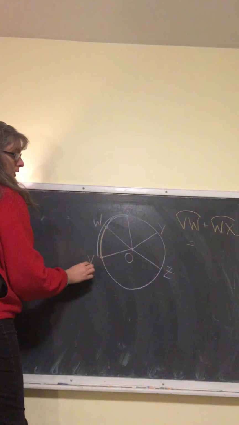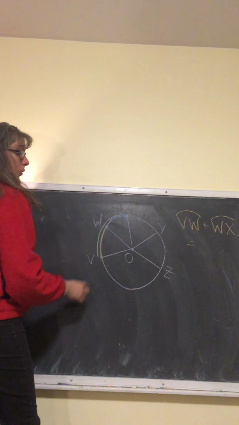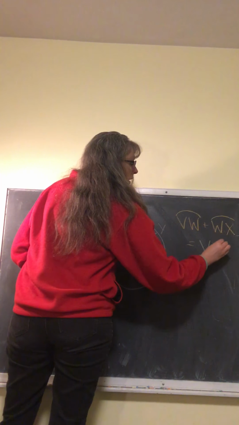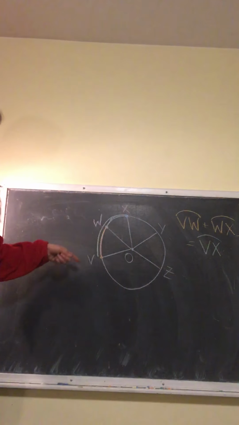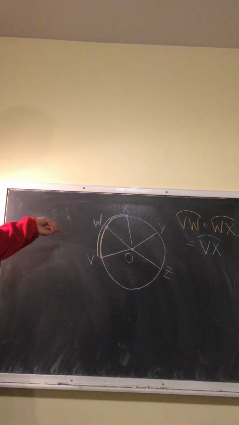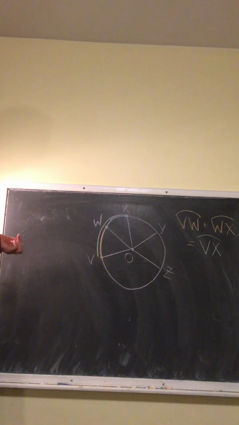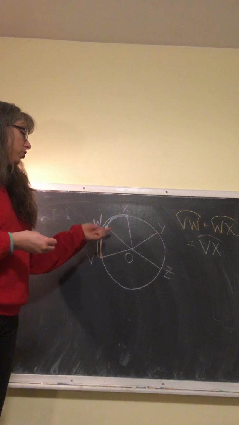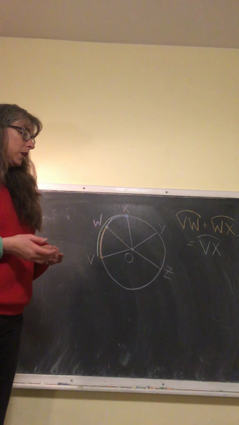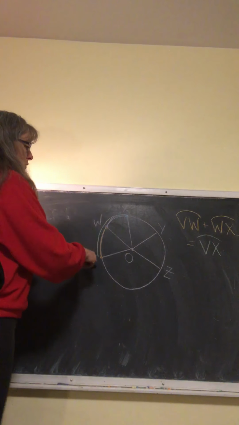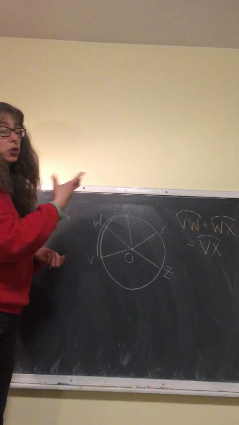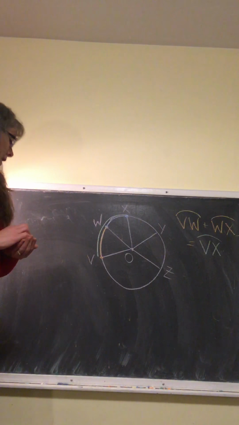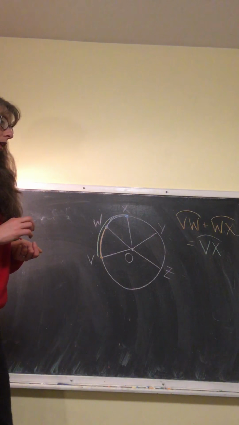It equals arc VX, or VWX. I'm just going to write VX, but you could write it the other way and that would be okay. That is what the arc addition postulate says: when you take two arcs side by side that are adjacent to each other and you add them together, the measure of the new arc is the measure of the two smaller arcs added together.